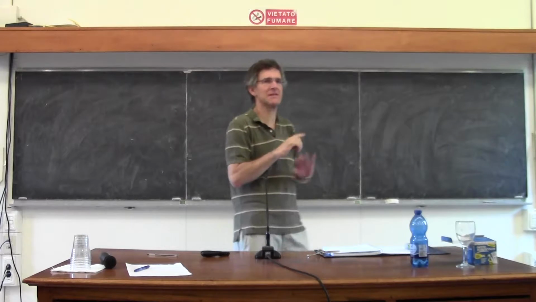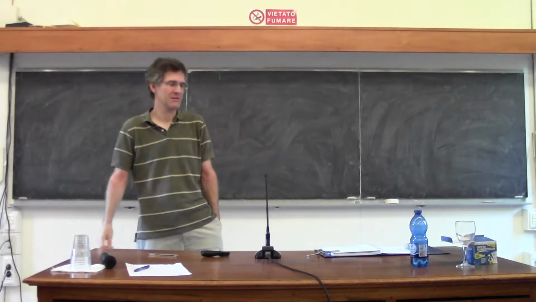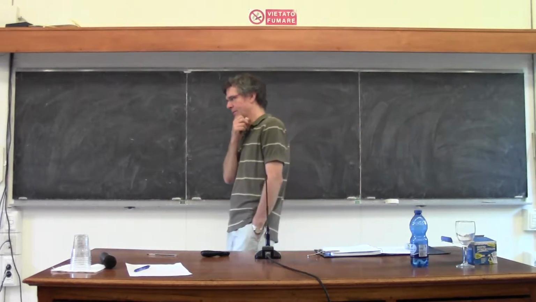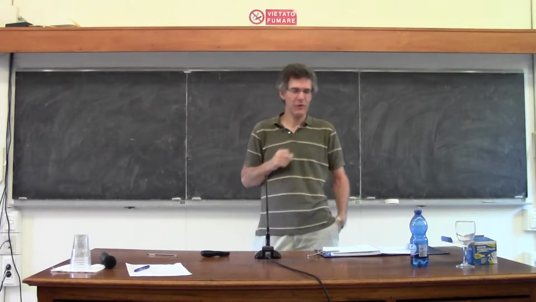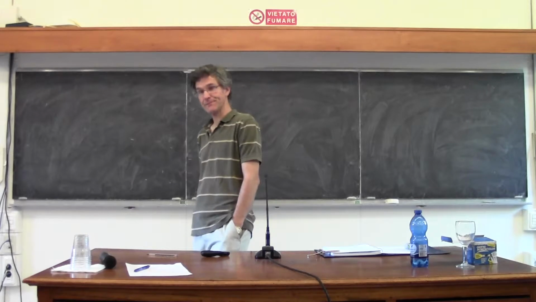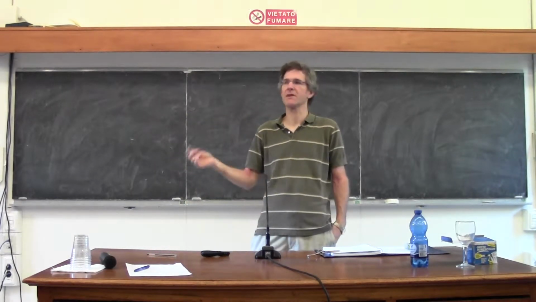So yesterday it was a basic introduction, setup of the program. Today I will focus on a particular way of extending the sigma model in such a way that they have something called supersymmetry.